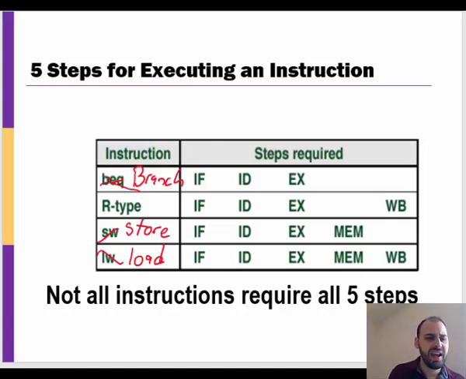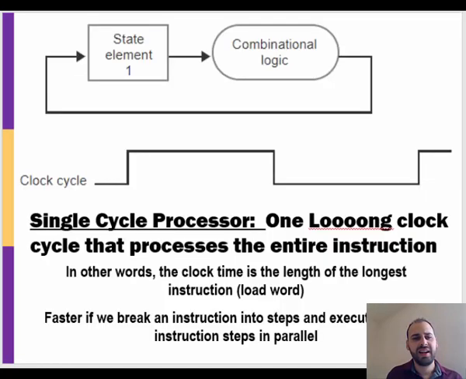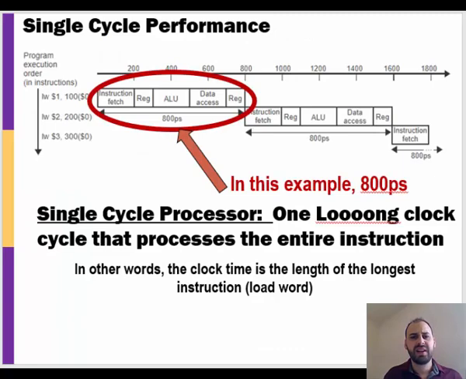Let's take a look and bring this back together and think of how this compares to our single cycle. If we remember, the single cycle takes one long clock cycle to execute. This looks a little different on the right hand side, but what we're seeing here with these instructions is these are all loads.